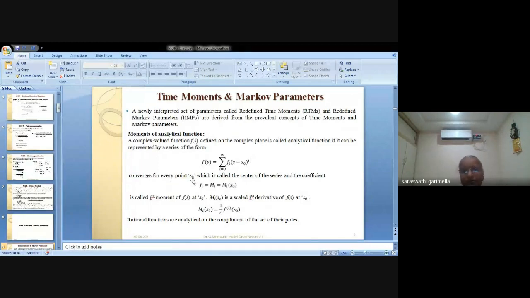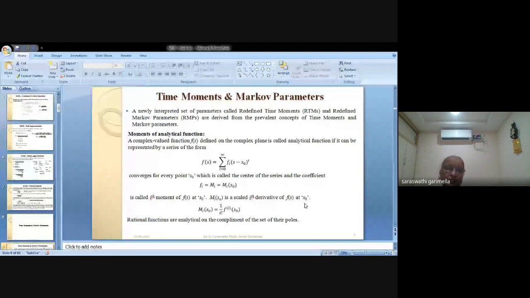Generally we'll take it as origin, but the general definition is at s0. That point s0 is called the center of the series, and the coefficient f of i is what we call the moment. That is mi at s0, called the ith moment of f of s at s0. So mi at s0 is a scaled ith derivative of f of s at s0.